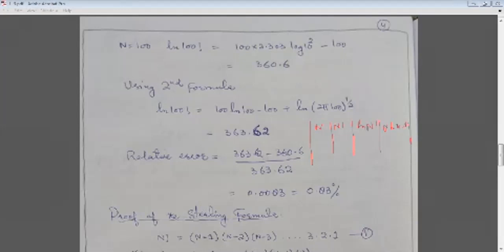Then calculate the relative error using both formulas, the first Stirling approximation and the better approximation.